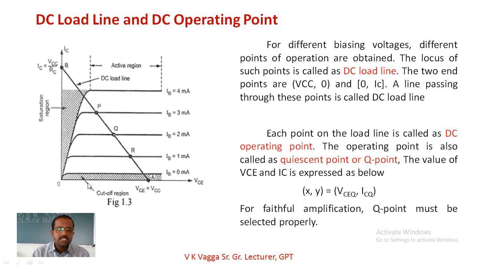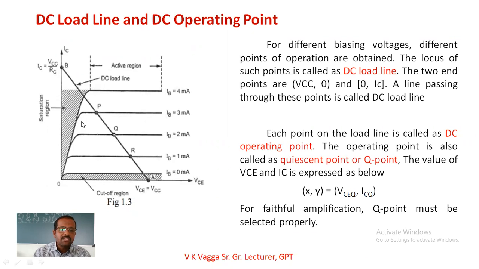If the transistor is an open switch, it is operated in the cutoff region, which you can see as the dotted, shaded part here. This is the output characteristics. Along the y-axis, IB is the maximum and the output current is also the maximum, and this region is called the saturation region.